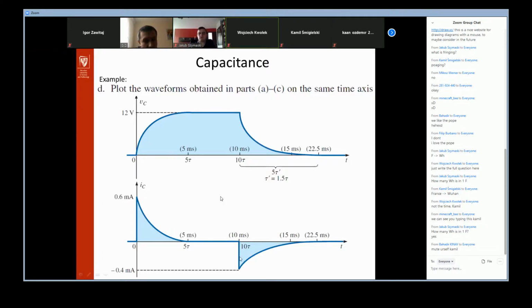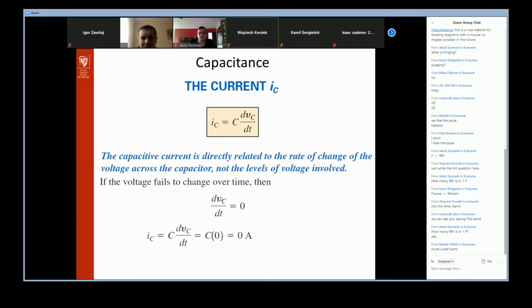So that's why I can observe the peak, which is going down to minus 0.4 milliamps, and then this discharging process is going to zero. Also here, we've got different tau constants. Okay, at first look maybe it looks so strange, but I think at this moment you understand very well.